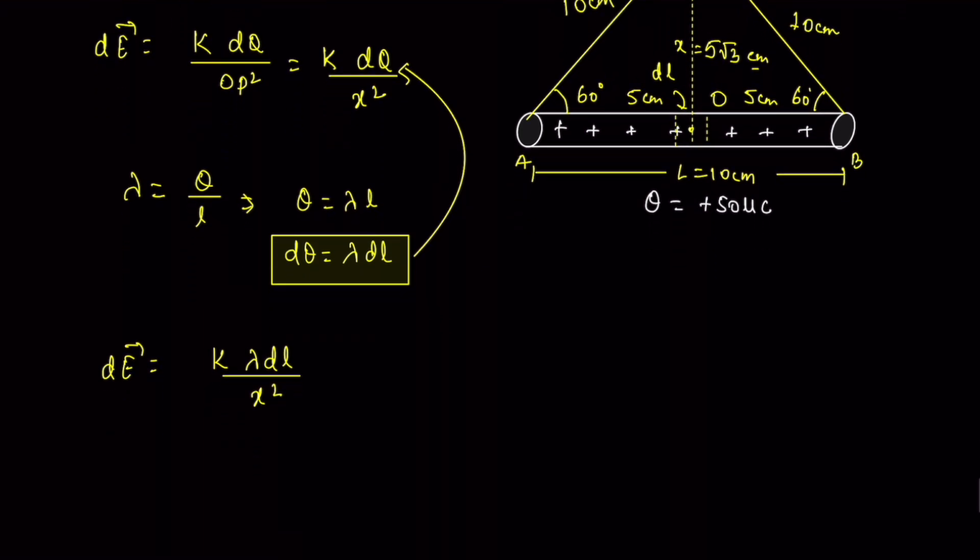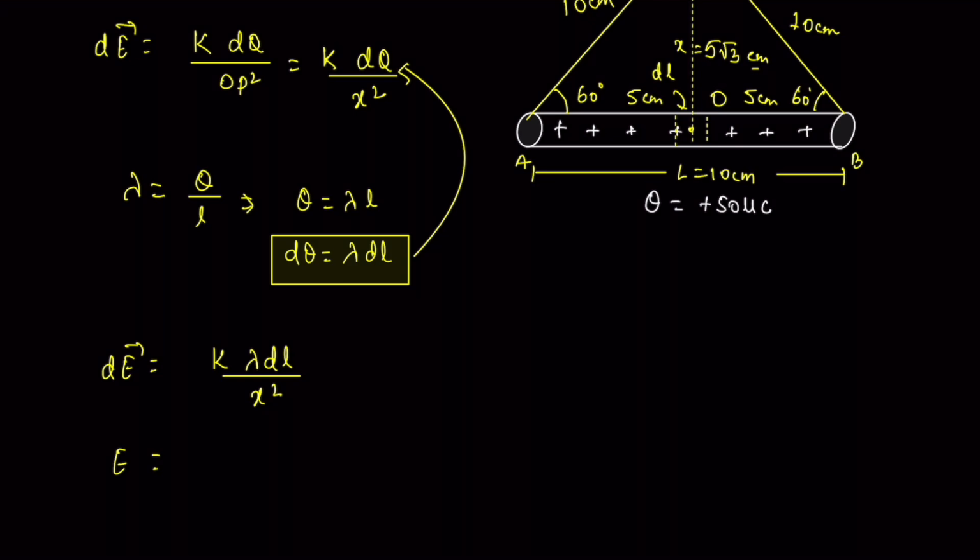And now to find the electric field, it's equal to the integration from minus L by 2 to plus L by 2 of K λ dL by x square into cos 30 degree.